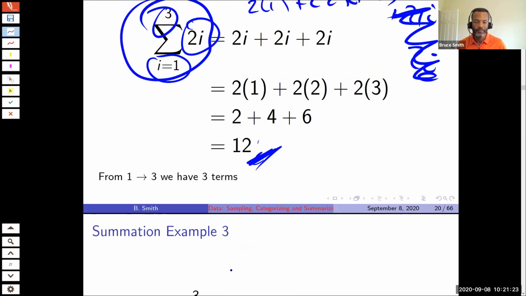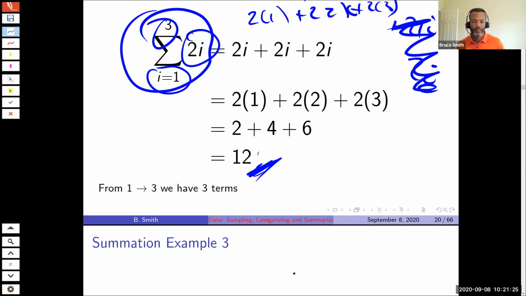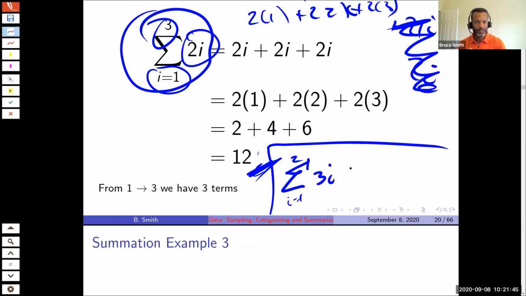And then finally, let's say that I have something like this, 3i, and if I go from i equals 1 to 2, I know that, wait, how many terms will I have if I do this? 2. Okay, good. So I tricked you into that one. Oh, no, I didn't. No, your 2 minus 1 is going to be 1 plus 1. So that's perfect, sorry.